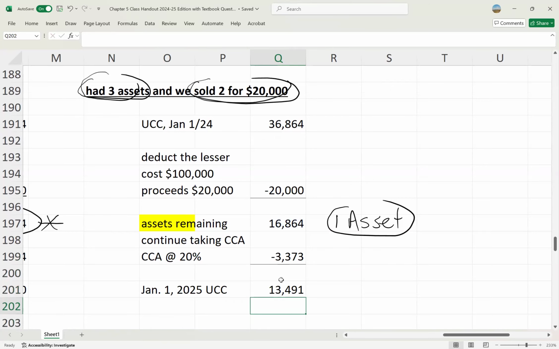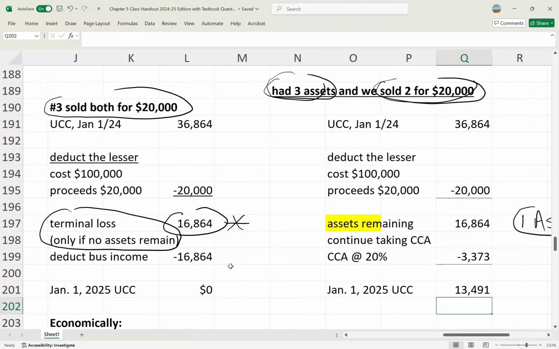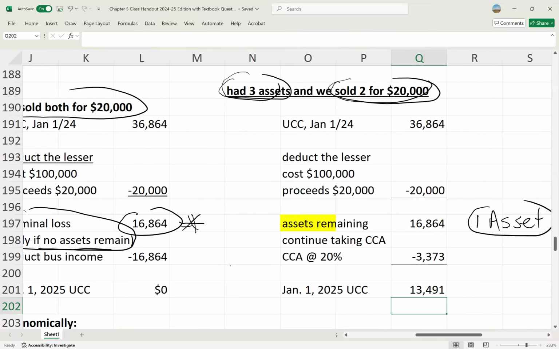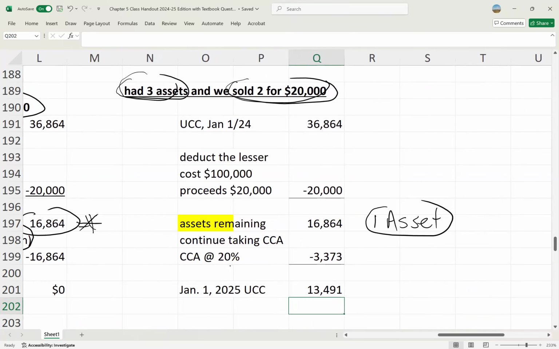So just a couple of things to keep in mind. With a terminal loss, it's a positive balance but there are no assets remaining. If we sell some of the assets, but there are still assets remaining, we just continue taking CCA using the CCA rate.